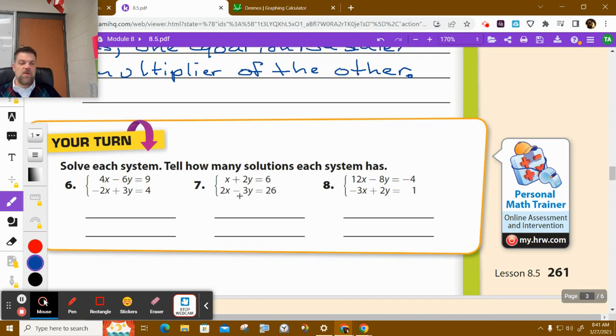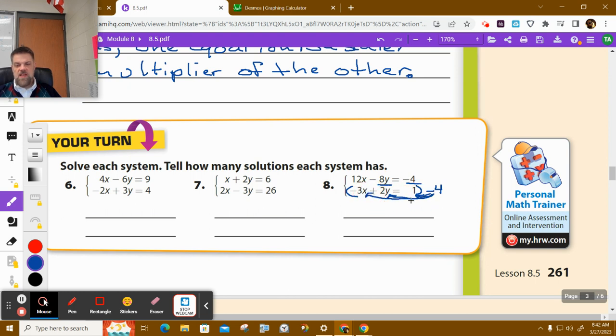So now let's look at this one. This is solve each system and see if they're true. But now I'm going to do something here. I'm going to skip immediately to this one. If I multiply this by -4, what's -4 times 1? -4. What's -4 times 2y? -8y.